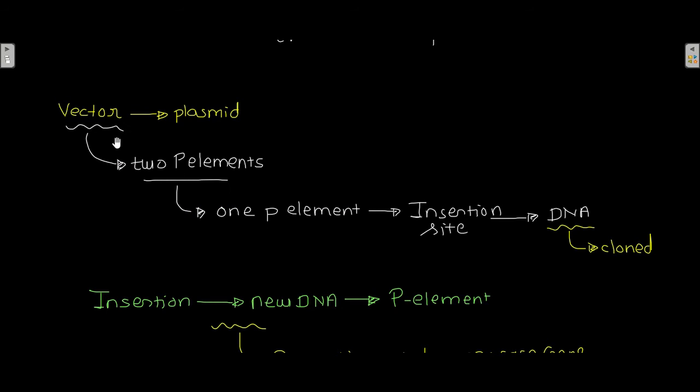Now this vector is a plasmid that carries 2 P elements. One P element contains an insertion site for the DNA that is to be cloned.